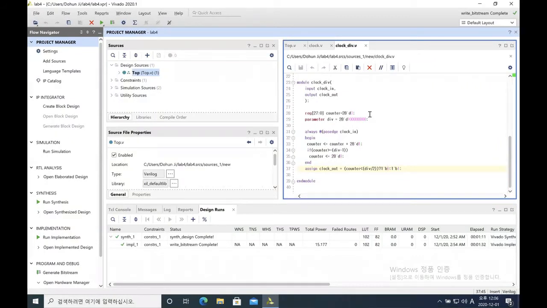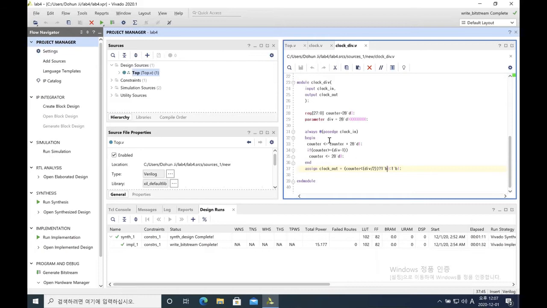Okay, first we have our clock division module, which receives a 100 megahertz clock, then converts that clock into a 1 hertz clock. So basically we set our parameter division as 100 million, and every time the 100 megahertz clock is high, increase counter by 1, and then when counter becomes equal or greater than 100 million, we set counter again to 0.